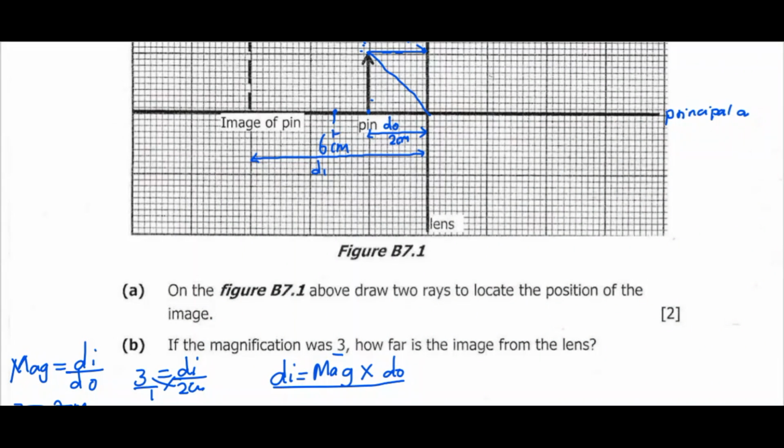So this is where we are going to have focal point number 1. Then here we have focal point number 2. Then also focal point number 1. Then focal point number 2. So this means that if we are to complete these rays of light, this is what we are expected to have.